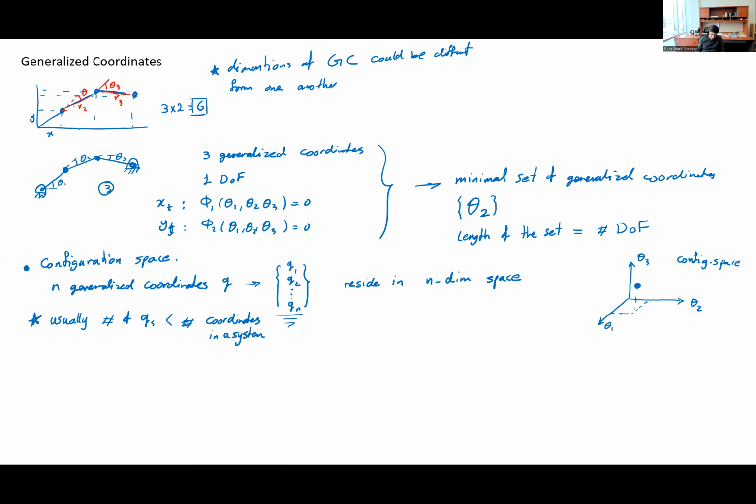And also we saw that for the minimal set, we only need 1 generalized coordinate to fully describe a system given certain constraints that exist within the system.